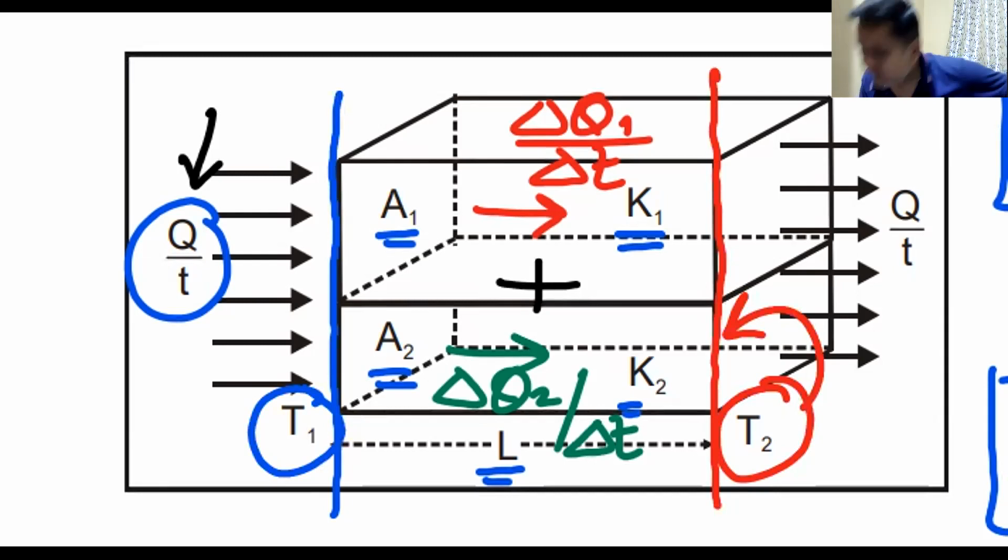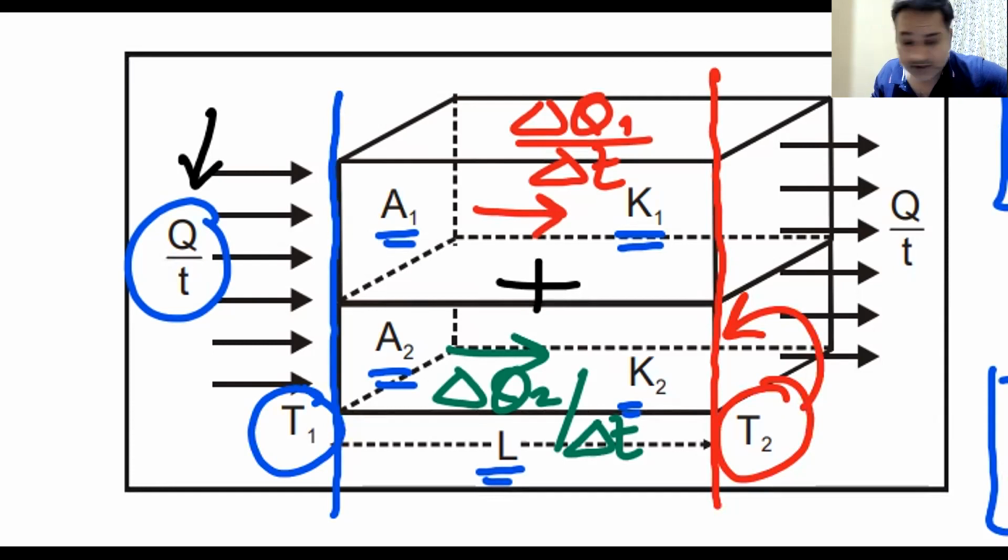Sir. Please note it down that in parallel connection, the temperature difference between the two rods is same, but the heat currents are different. This is what you will note down.